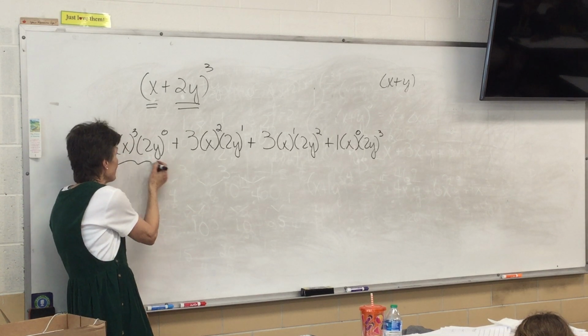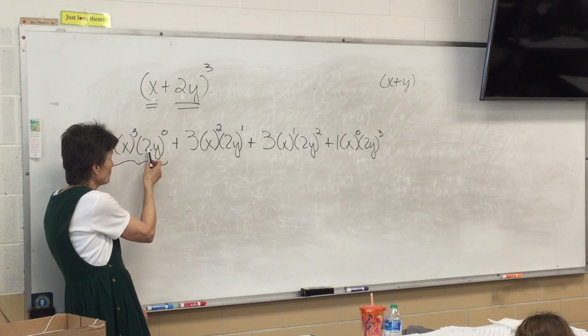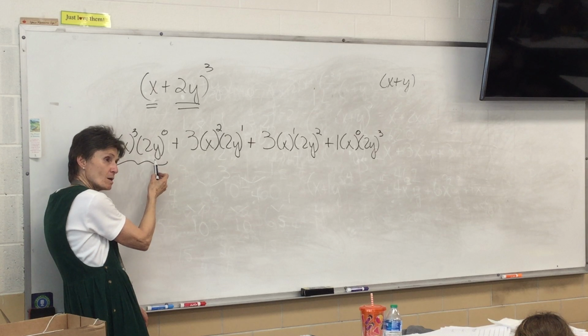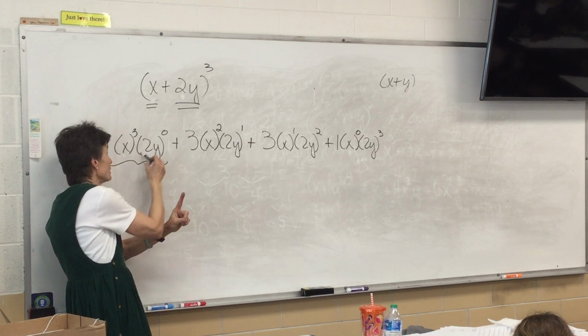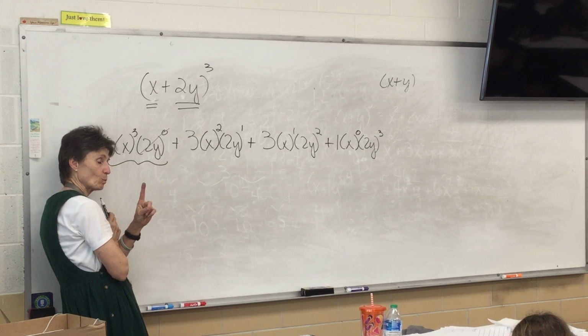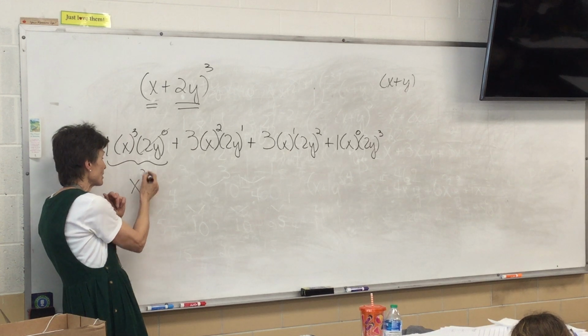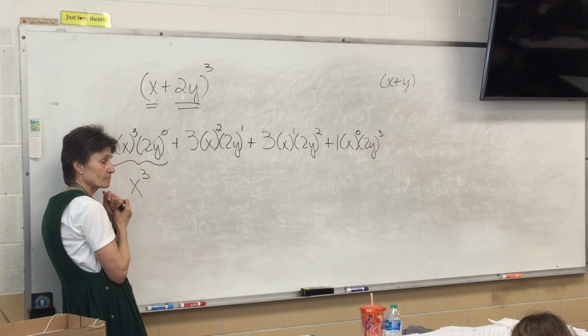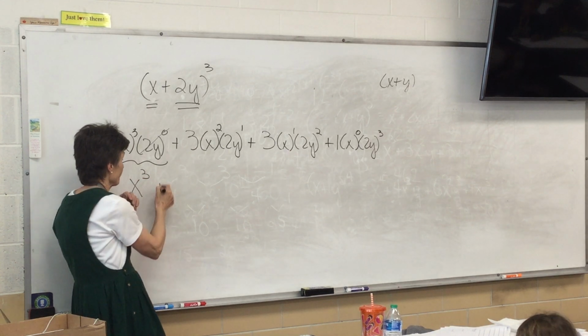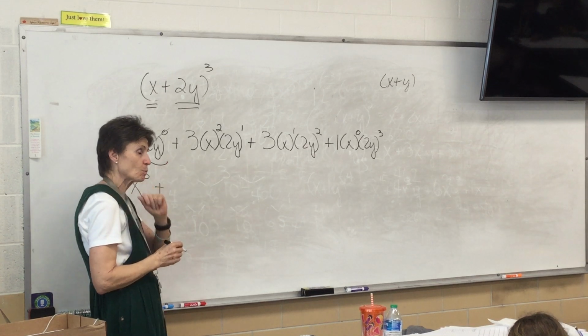So tell me about this. Well, first of all, if you raise it to the 0 power, it becomes 1. So this is like 1. I don't have to worry about it. So I have 1 times x cubed. Isn't that just going to be x cubed? Now be careful on this one.